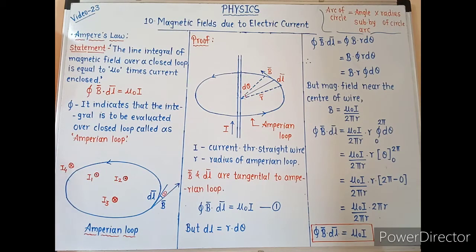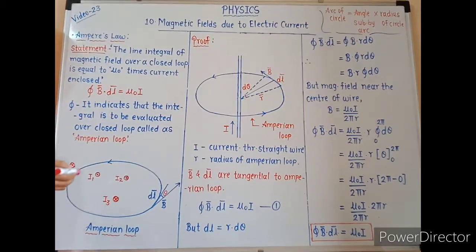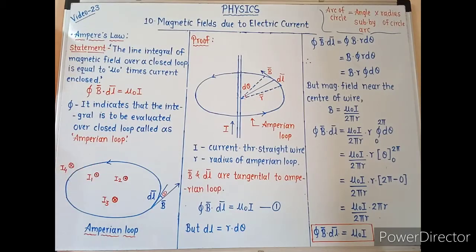This dot sign shows that the currents I1 and I2 are coming out of the plane of the paper, and this cross sign shows that the currents I3 and I4 are going into the plane of the paper.